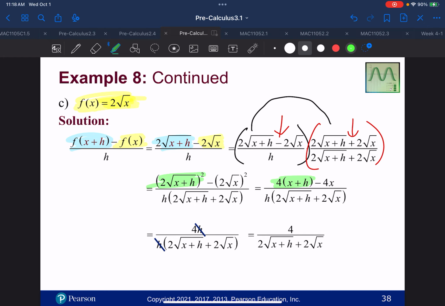And then when we multiply the negative 2 times the square root of x times itself, that will give us 4 times x. And then of course on the bottom we just have all of that multiplied by h. Some stuff will cancel on the top there. 4x minus 4x will cancel. And then we can cancel the h's. So this will be our final answer.